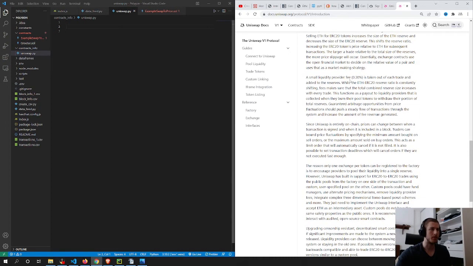The small liquidity provider fee, 0.3%, is taken out of each trade and added to the reserves. While the ETH ERC20 reserve ratio is constantly shifting, fees make sure that the total combined reserve size increases with every trade.